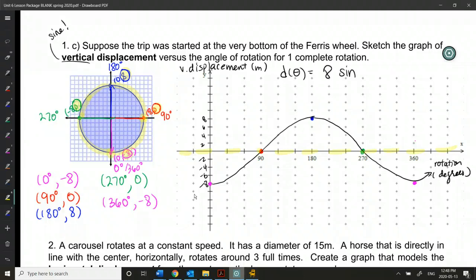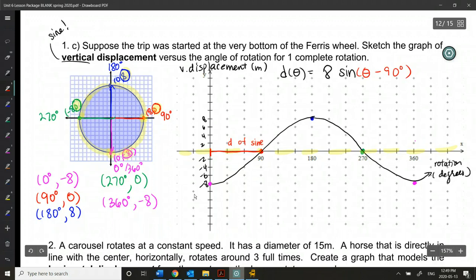And where is our rising midline? So if I trace along that midline until it starts rising, my rising midline is actually 90 units to the right. So this is going to be our d of sine. So what I'll do is I'll do theta minus 90 degrees.